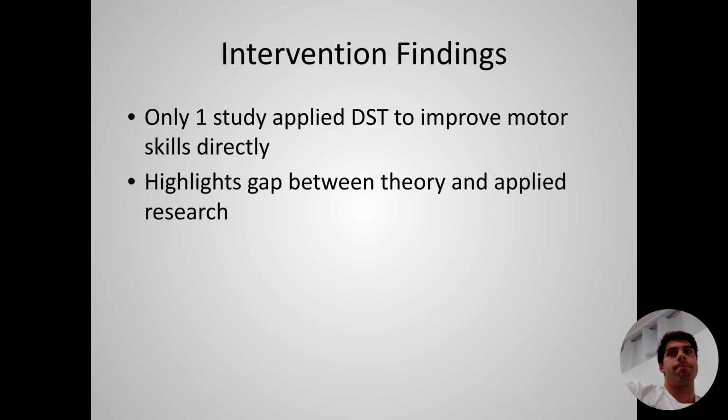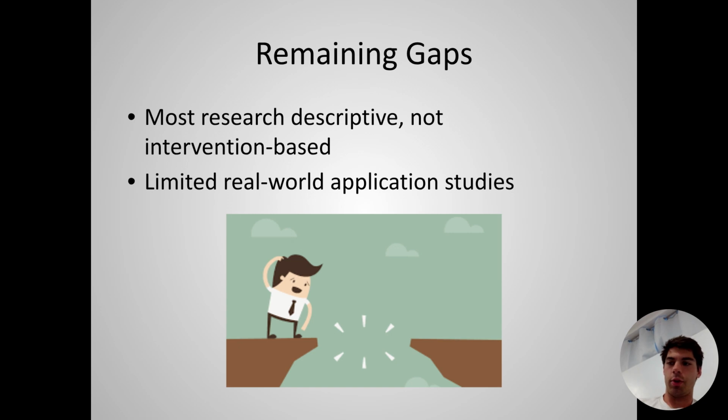So it did, yes, but that is just one study, which just shows such a gap between the theory and applied research. It's good in theory, it's good in the one study that was talked about, but there's so much more. So those gaps need to be closed.